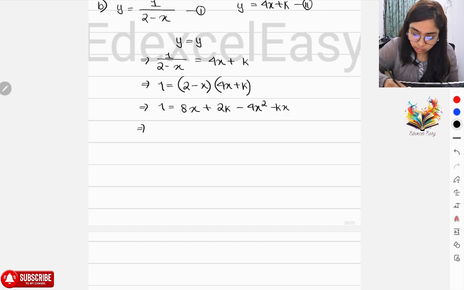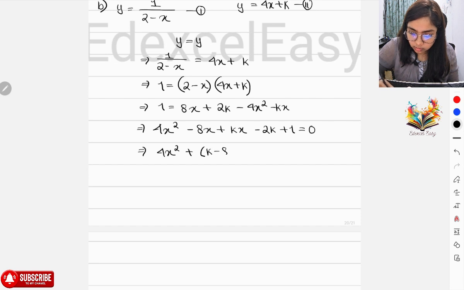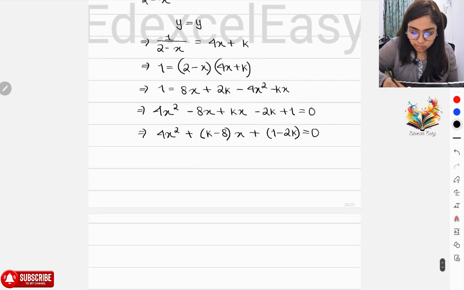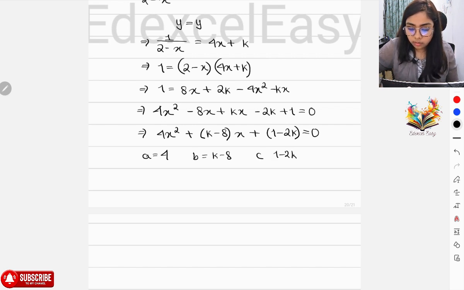At the end, I'll take everything to the left hand side. So you have 4x squared plus k minus 8 x plus 1 minus 2k equals 0. I wrote it like this so that we can clearly identify a is 4, b is k minus 8 and c is 1 minus 2k.